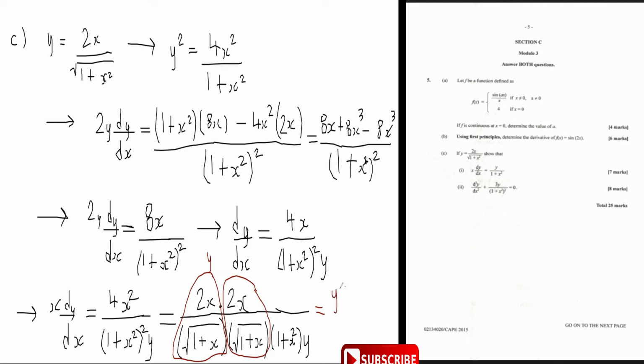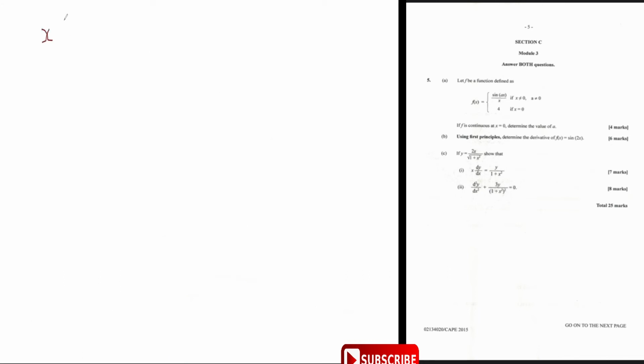So I'm getting y squared over 1 plus x squared times y. So that is x dy by dx. So to finish it off, we have that x dy by dx is equal to y squared over 1 plus x squared times y.